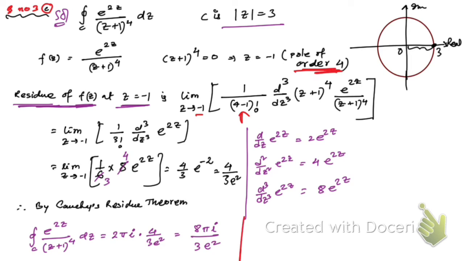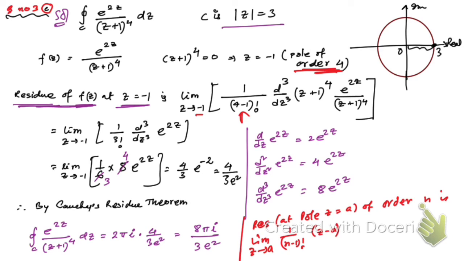So the formula that I have applied here is: residue at pole z equal to a of order n is given by the limit as z tends to a of 1 by (n minus 1) factorial, then the (n minus 1) order derivative with respect to z of (z minus a) to the power n times f of z.